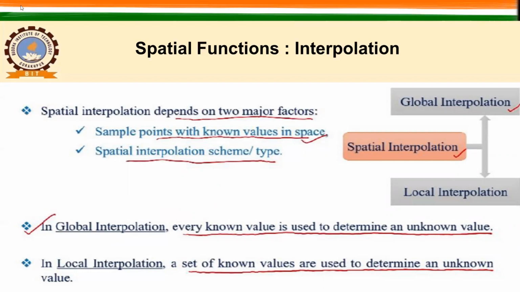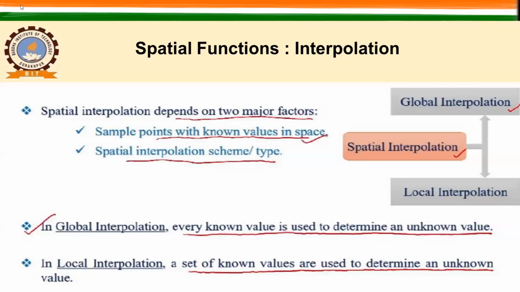It can be done by global interpolation or local interpolation. In global interpolation, every known value is used to determine an unknown value, whereas in local interpolation, a set of known values is used to determine an unknown value. This is the basic difference between global and local interpolation.